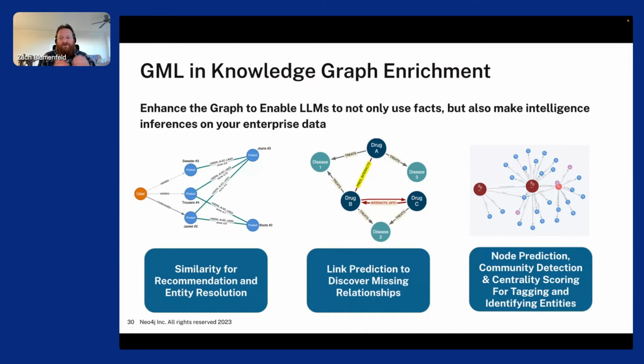And there's a ton of other things that you could do with node prediction and community detection and centrality scoring. That graph on the right is an example of a fraud detection graph. And basically, as you enhance the graph and bring more facts and inferences to light, you can make your LLM responses more relevant.